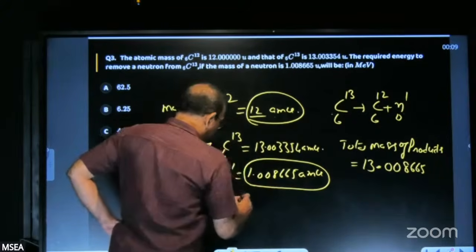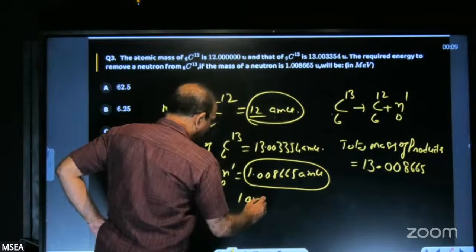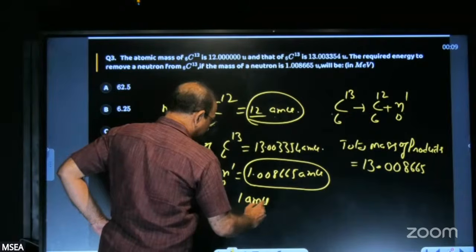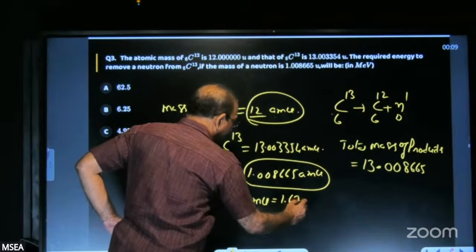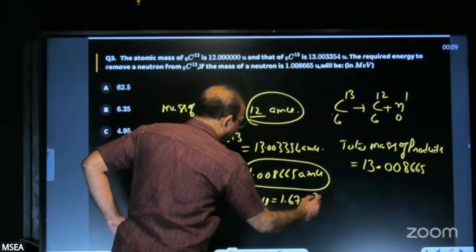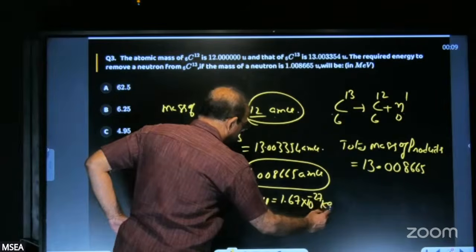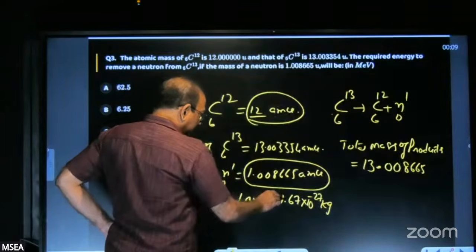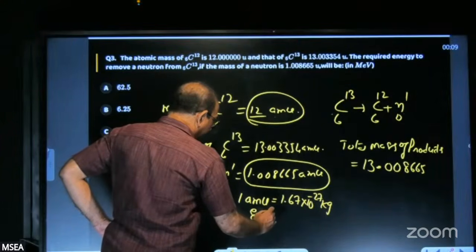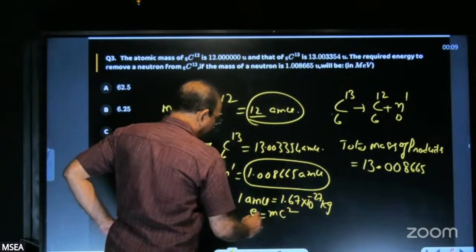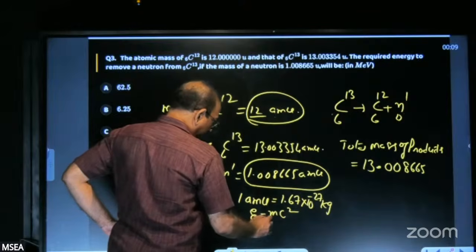You know, one atomic mass unit is 1.67 into 10 power minus 27 kg. If you destroy this much mass, how much energy you will get, you can find using mc square.